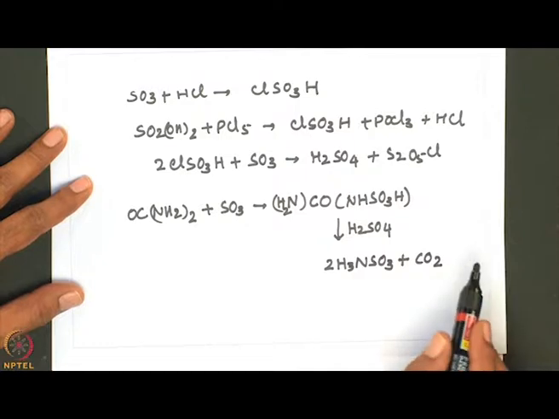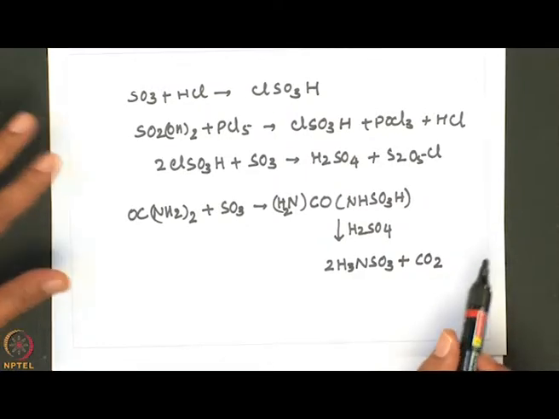Okay. So, in this way approximately 1 million tons of amidosulfonic acid is produced every year, and chlorosulfonic acid is useful in detergents and also as chemical intermediate.